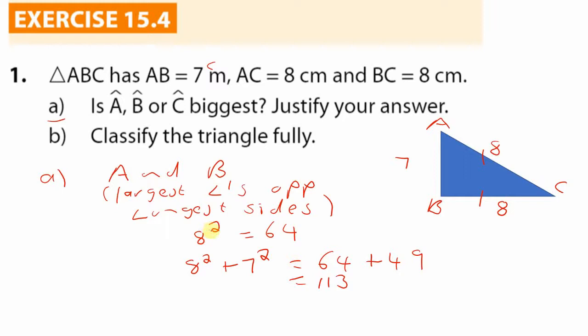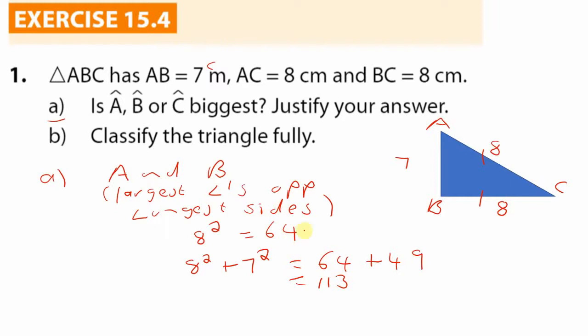See, if the longest side squared was equal to the sum of the two shorter sides squared, we would know it is a 90-degree angle, because that is what Pythagoras in fact says. Pythagoras says that in a 90-degree or right angle triangle, the longest side squared, the hypotenuse squared, equals the sum of the other two sides squared.